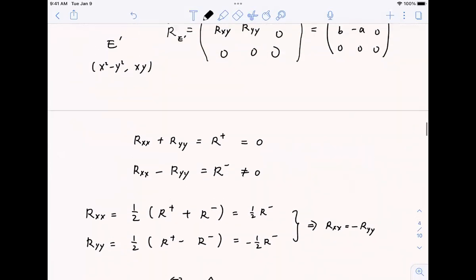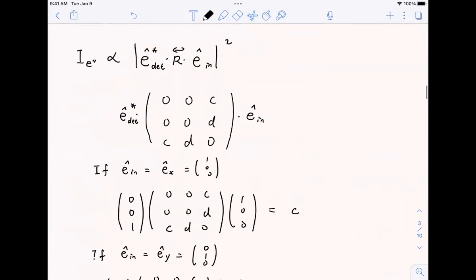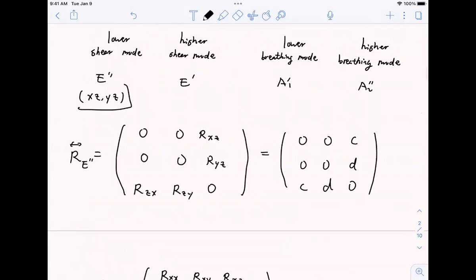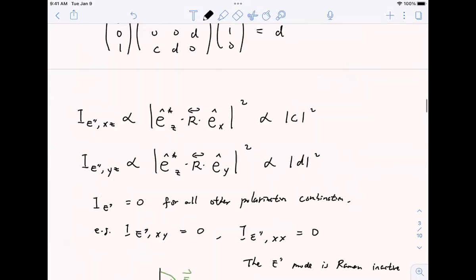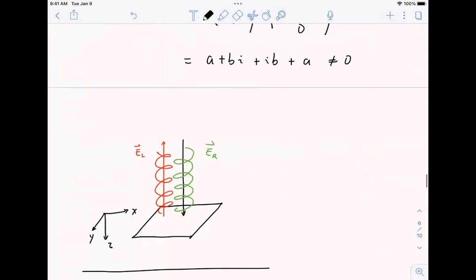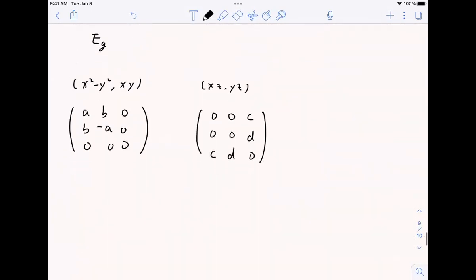Previously, for this one, you have this XZ, YZ, and then you just write it as C and D. Even though the names of the representations are not the same, once you see the table and the tensor elements here, you can immediately write the form. And then all the selection rules will be exactly the same.